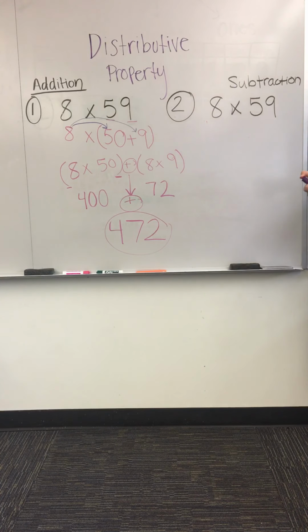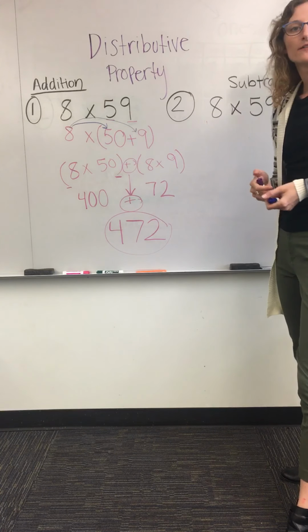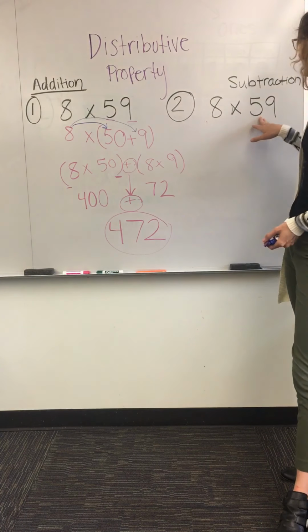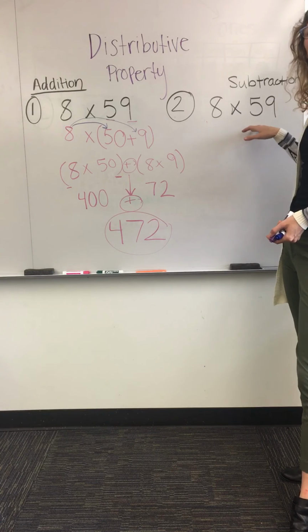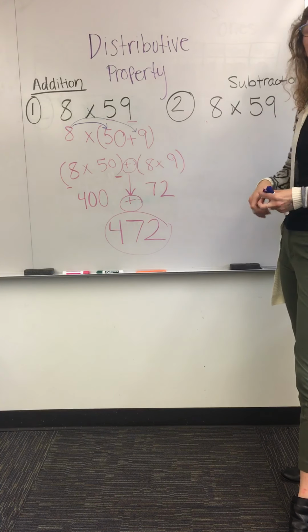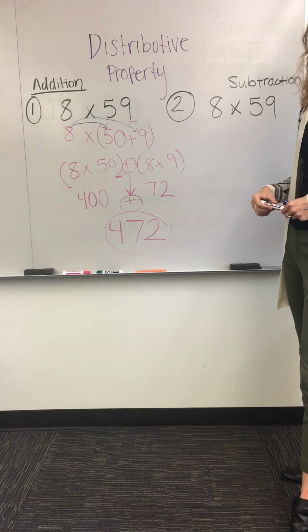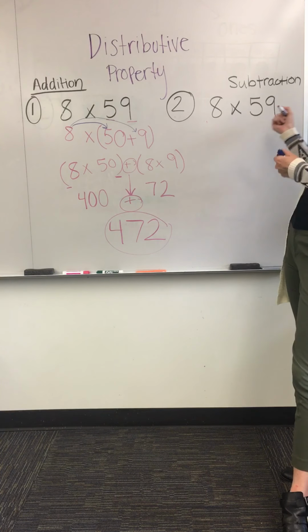And what I'm noticing is I want to work with numbers that are easier for me to work with. And 59, that's close to a number that I can work with. So I'm going to add 1 to it, and that would give me 60.